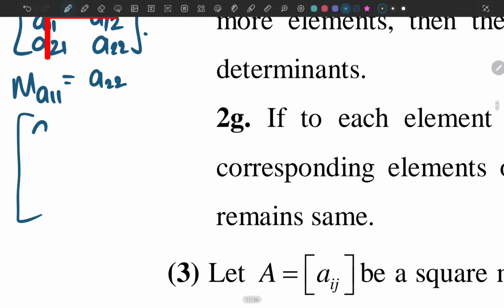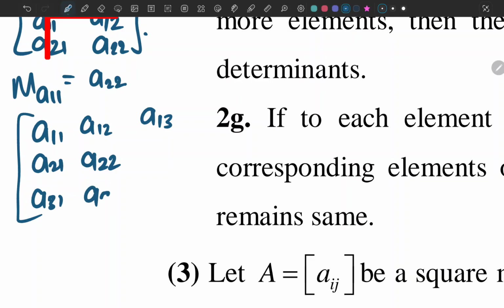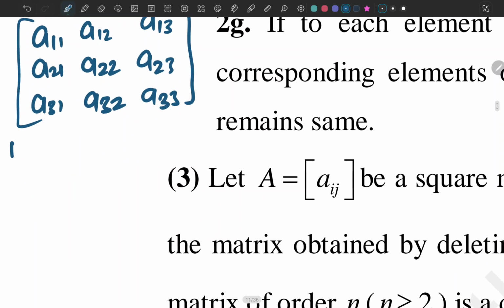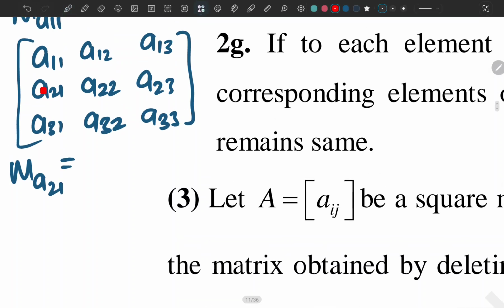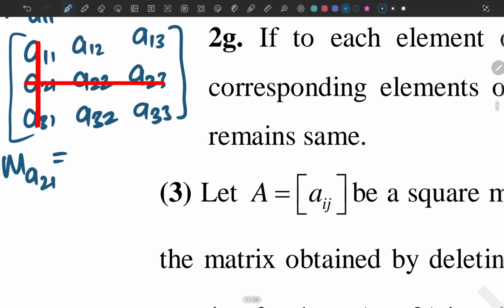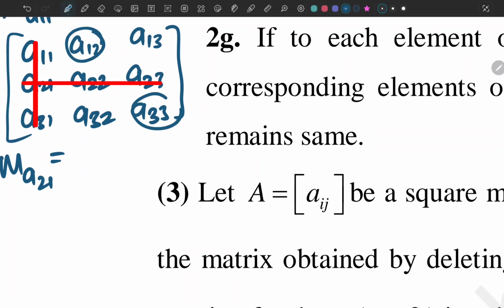If we talk about the 3 by 3 matrix, a11, a12, a13, a21, a22, a23, a31, a32, and a33, let's say I'm talking about the minor of a21. The respective row and column will be cancelled like this. Don't do this in the examination, I'm just explaining to you. The rest of the things remain as they are, so you multiply crosswise.